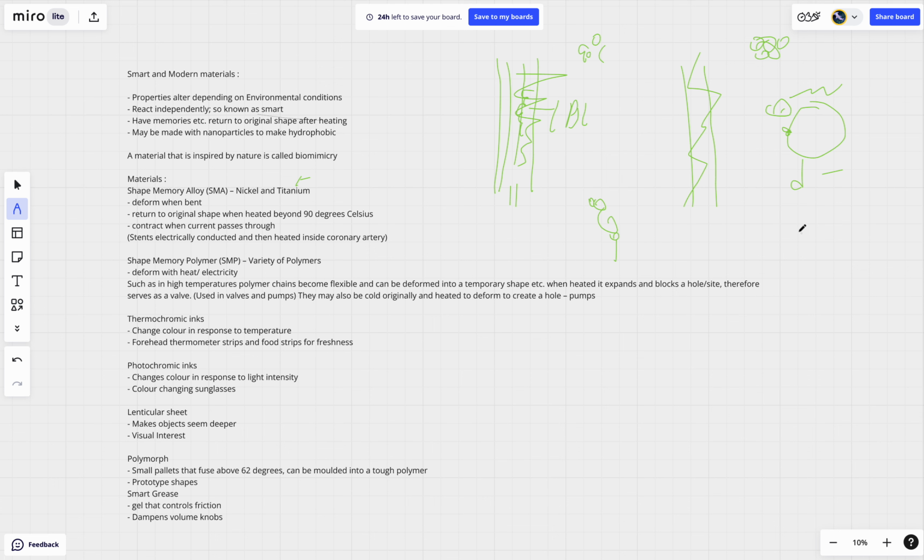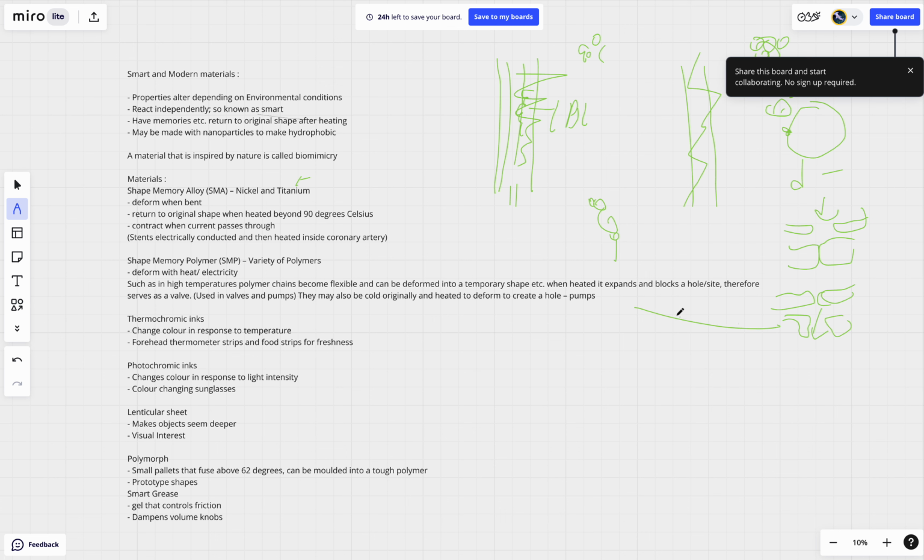If it's a valve like this for water, when it expands, it blocks the hole and prevents water flow. Or it could act as a valve like this, but when it deforms, it can be controlled to be deformed in a certain shape, maybe this, to allow water to flow. Therefore, it can be used as pumps.